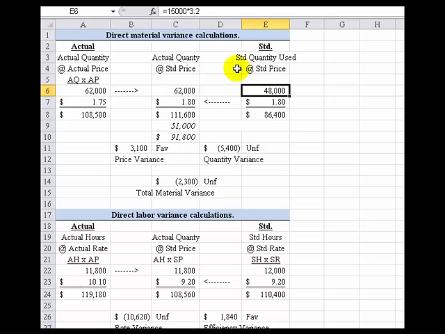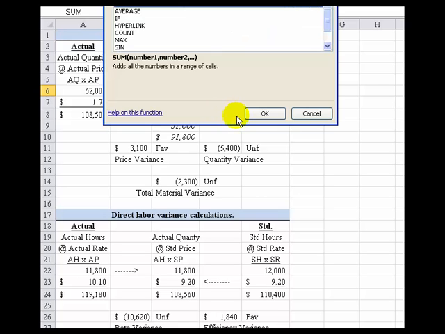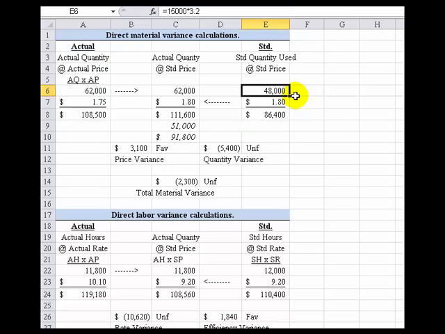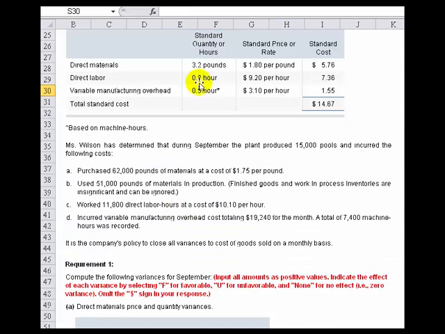So what we do is we multiply. Let me show you with the F2 key, or you can look up here on the formula bar. 15,000 pools times 3.2. Well, where did 3.2 come from? It's 3.2 pounds at a price of $1.80 per pound.